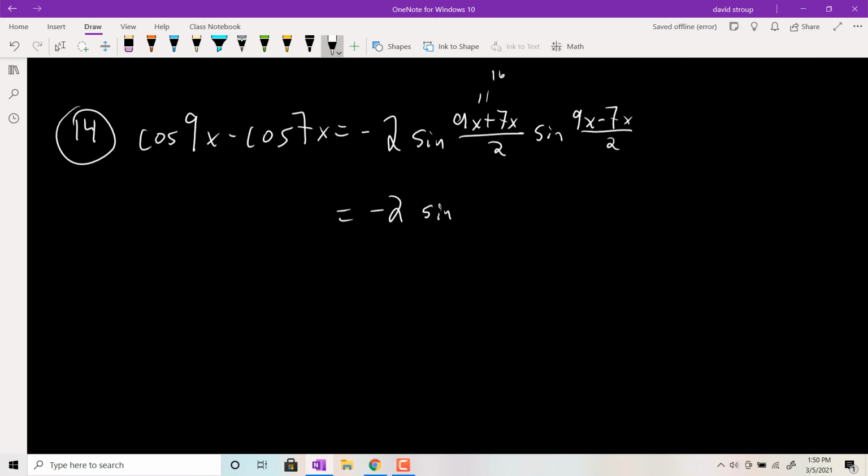So this is 16x over 2, which will end up being 8x, times the sine of, what is this guy? So that would be 2x over 2, which is just x. So -2 sine of 8x, sine of x. Okay.